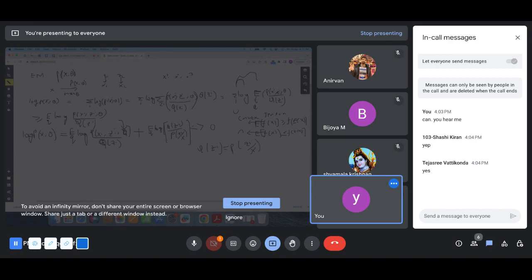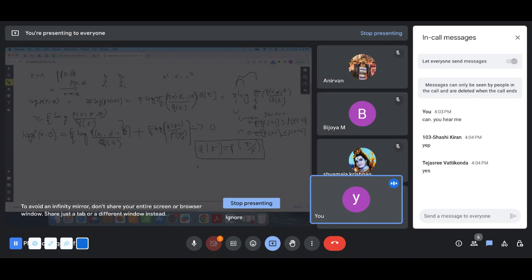You initially set theta, then find Q by setting Q to this. By setting Q to this, you try to meet this guy, log P of x, at any point. And then once you have Q set to this thing, you use this Q and substitute it in this expression and then maximize this thing.